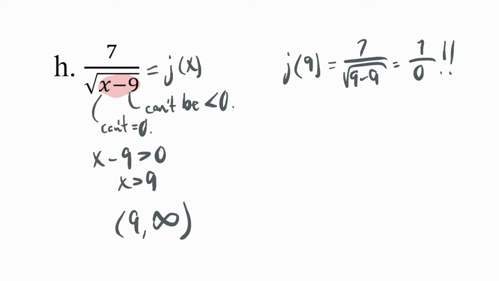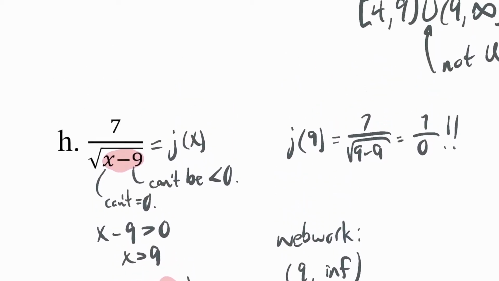Also, I should point out, since we're talking about, at some points, what WebWork likes and doesn't like, of course, I don't know about you guys, but I don't have an infinity key on my keyboard. So, of course, WebWork wants you to do the following. I would type in parenthesis 9 comma inf, right, for infinity, because there's no infinity button on the keyboard.